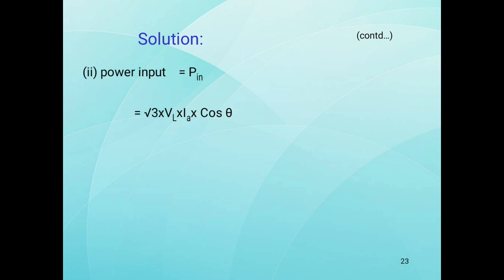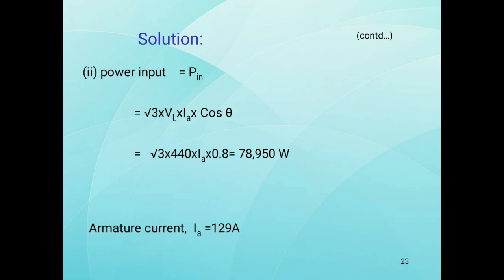Now power input is equal to root 3 VL IL cos theta. So that is root 3 into 440 into IL into 0.8, that is equal to 78,950 watts.